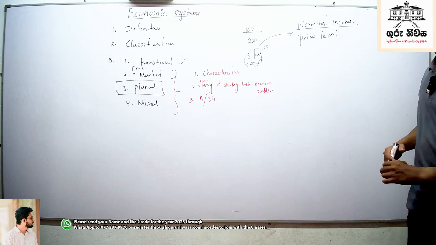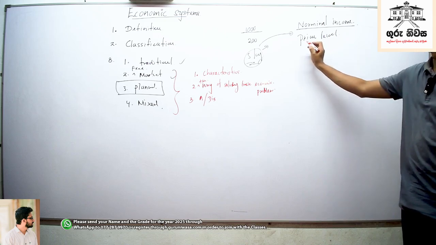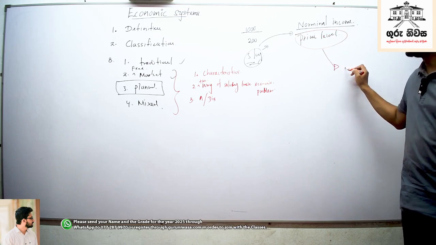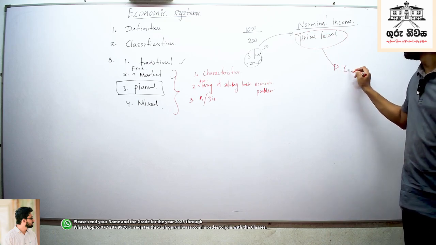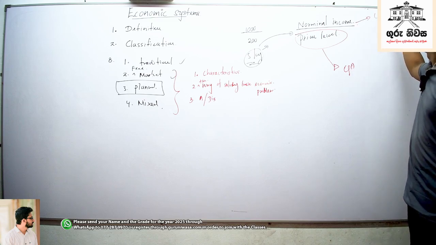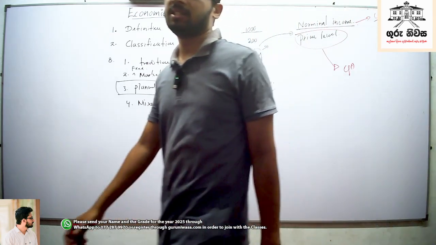Now, when it comes to a planned economic system, prices of goods and services are decided or set by the government, and the wage rate is also set by the government.